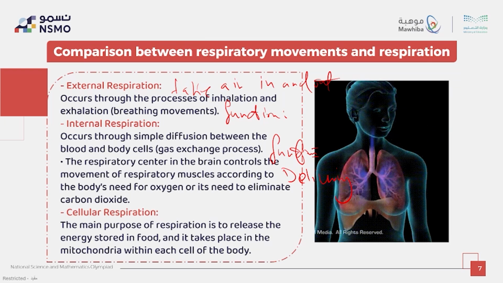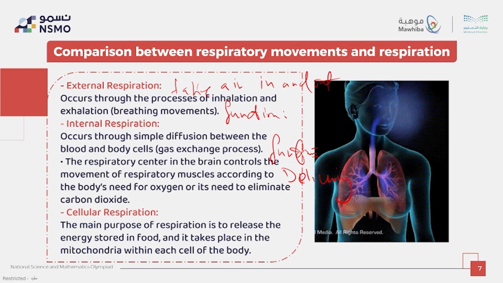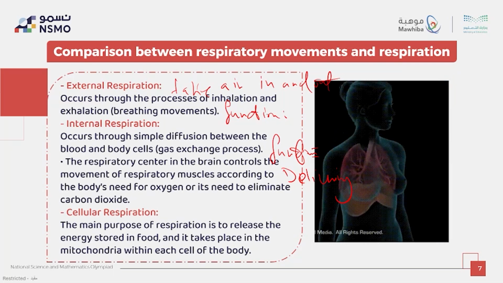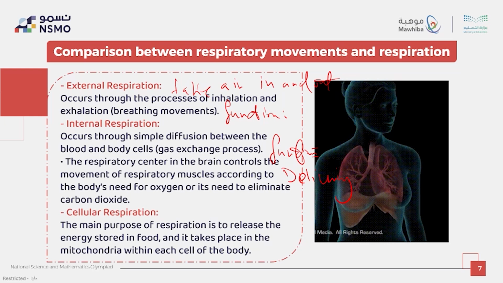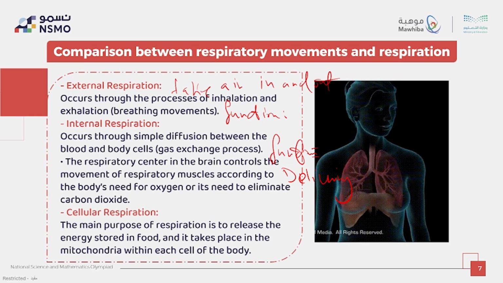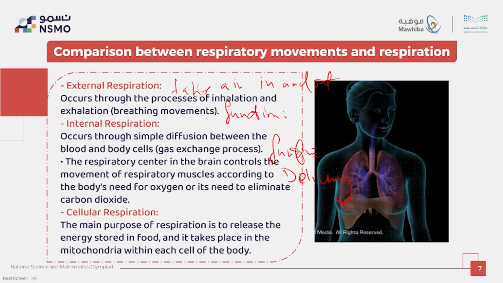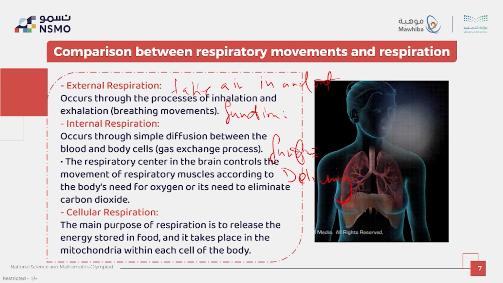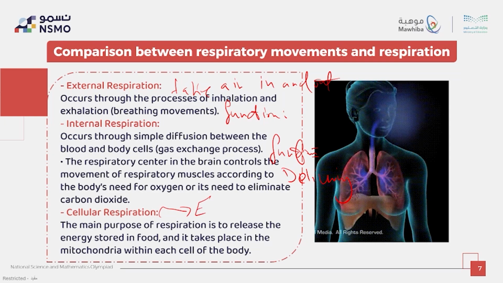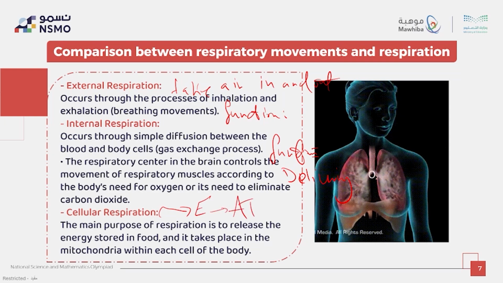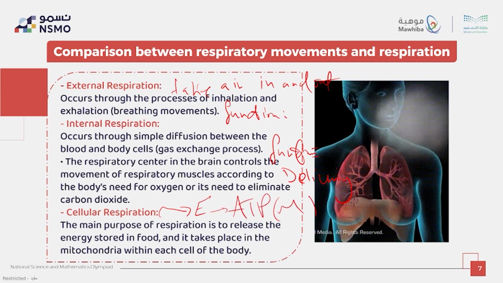So, the key difference about cellular respiration is this is the biochemical level where the oxygen molecules delivered by internal respiration are used to produce energy in the form of ATP. So the main idea of cellular respiration is to produce energy, and the energy we know from before is ATP, and that occurs in the mitochondrion.